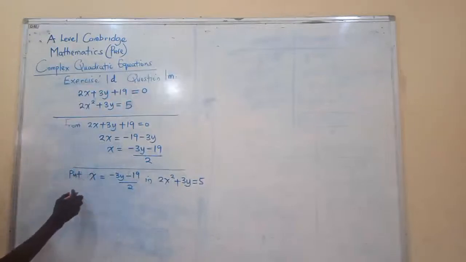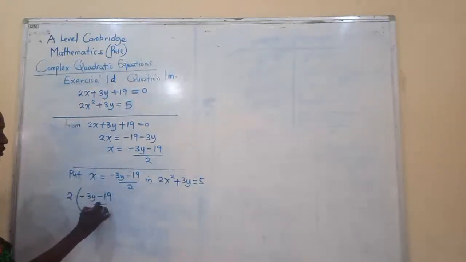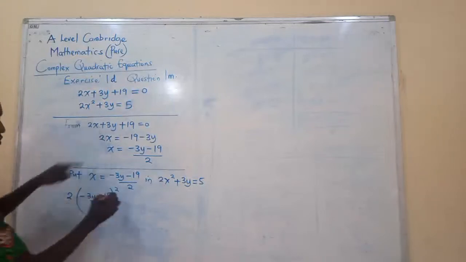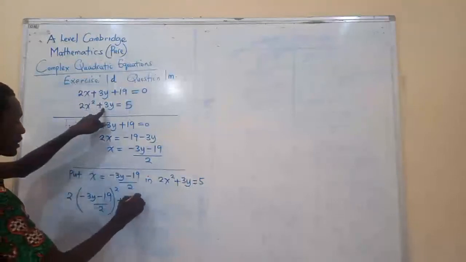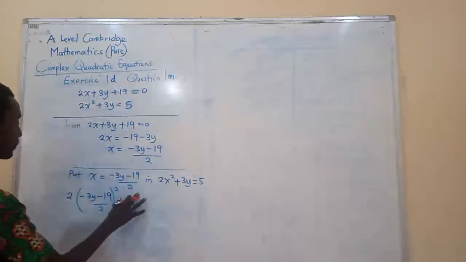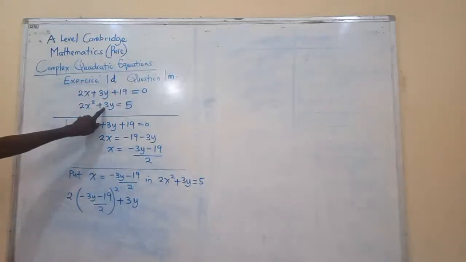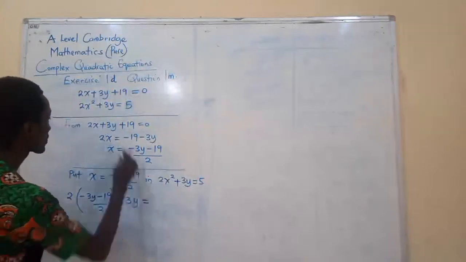So from here, I'm going to have that 2 into negative 3y minus 19 over 2 all squared, plus, remember this is the equation I'm using, plus 3y, because I do not have any x here, equal to 5.